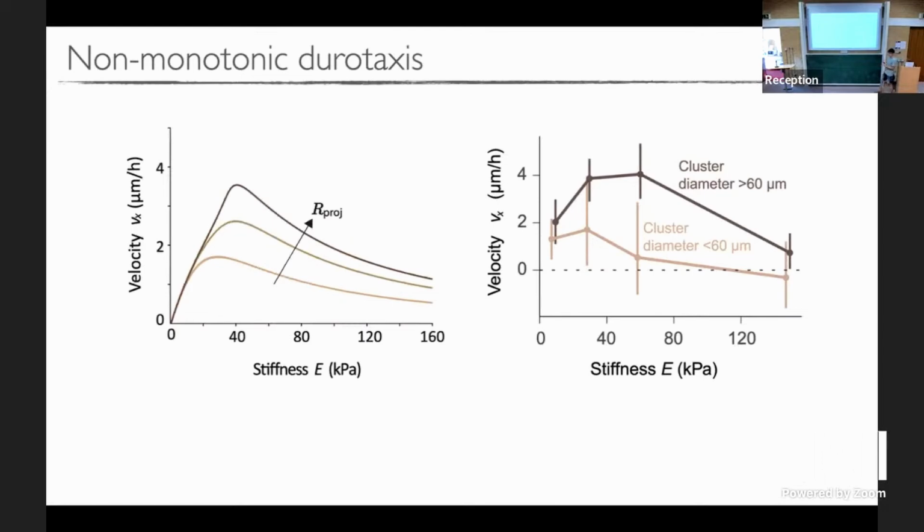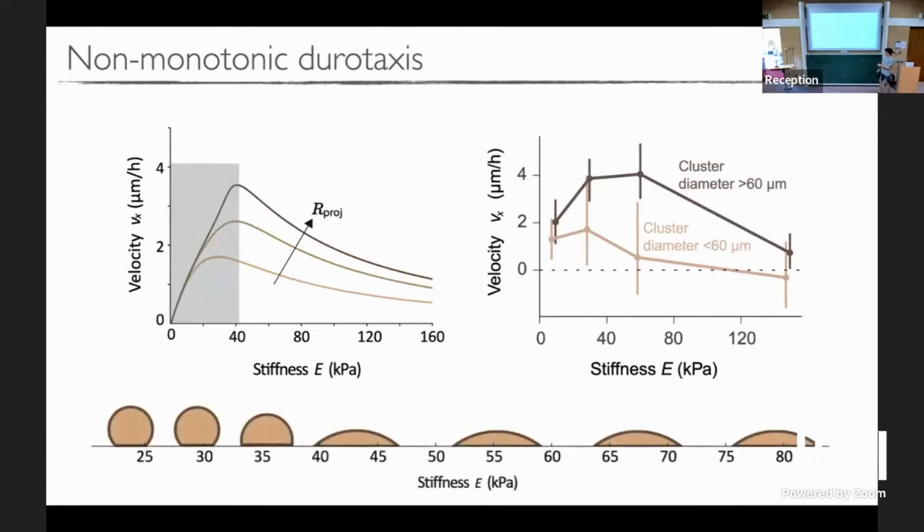And so now the nice thing about predicting this is that we can also understand it. So let me try to explain where this non-monotonicity comes about. So let's start with why the velocity increases at low stiffnesses. So here, the way we think about it is that as you move to higher stiffnesses, the clusters wet the substrate more and more. And by wetting the substrate more and more, they spread more on the substrate.